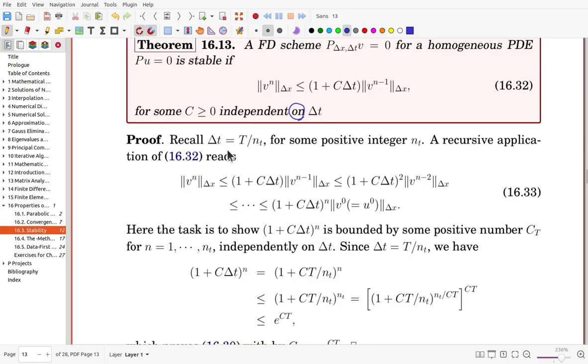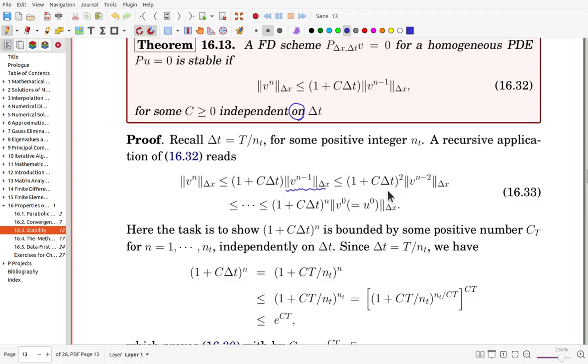Recall delta t is capital T over N_t for some positive integer. A recursive application of this inequality: okay, start with this one. We assume this is true for every n. Then again, for this one, we may consider now (1 plus C delta t) times the grid L2 norm of V^(n-2).